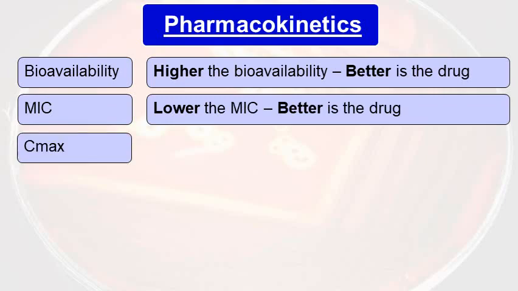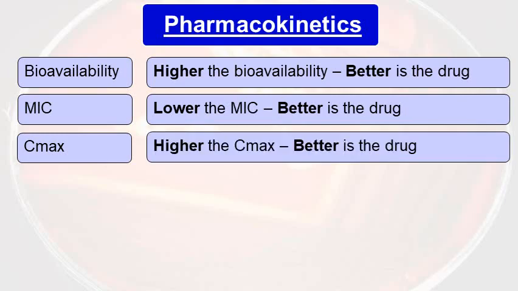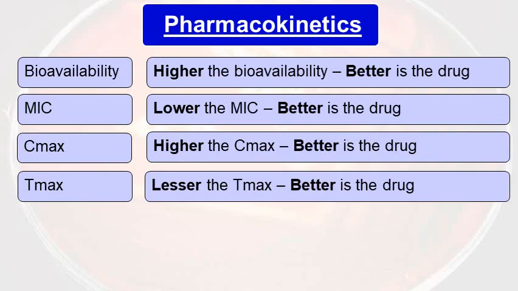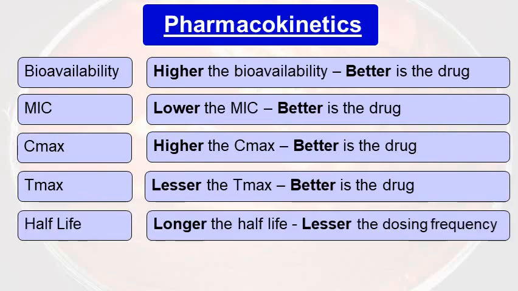Then Cmax talks about maximum concentration of the drug. Higher the Cmax, better is the drug. Then Tmax talks about the time taken by the drug to reach Cmax. So lesser the Tmax, better is the drug. Then half-life. Longer the half-life, lesser is the dosing frequency.